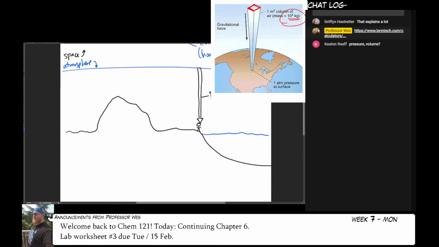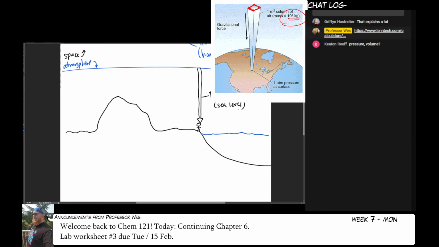And this is because we define 1 atmosphere of pressure at sea level. So you have to be at sea level. Don't ask what happens when global warming makes sea level go up. How does that change pressure? I don't know. How do we redefine it? I don't know. But the colloquial definition is that at sea level, you have 1 atm of pressure.